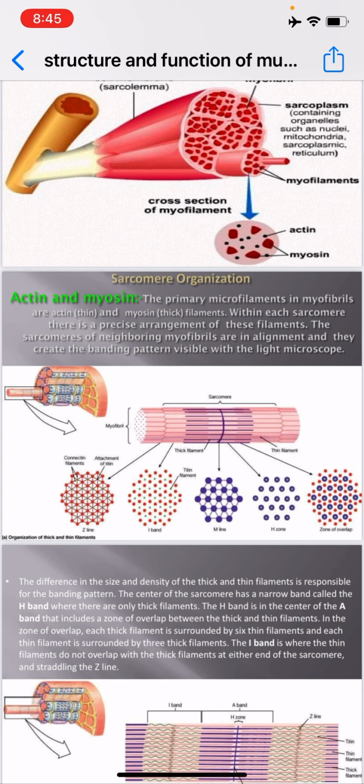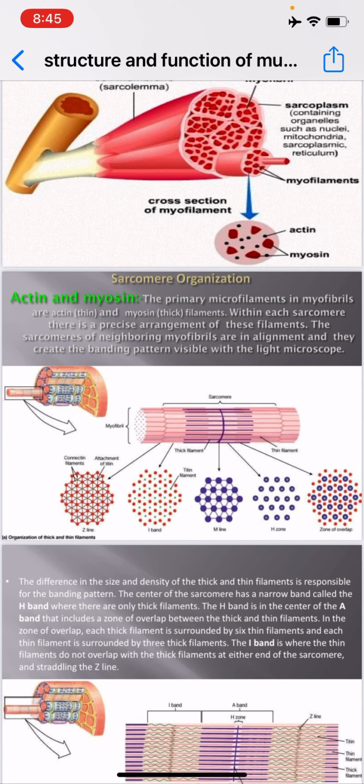Now let's come to the sarcomere organization. Actin and myosin. The primary myofilaments in myofibrils are actin, thin, and myosin, which are thick filaments. So actin are thin filaments, myosin are thick filaments. Within each sarcomere, there is a precise arrangement of these filaments.